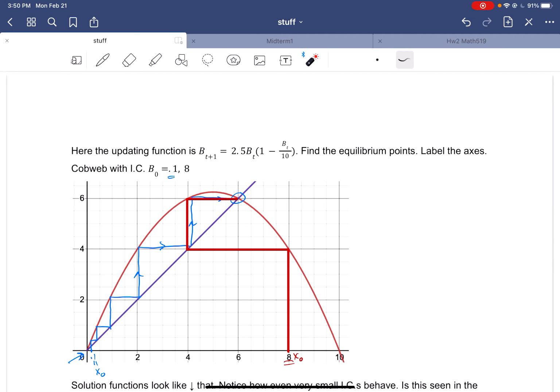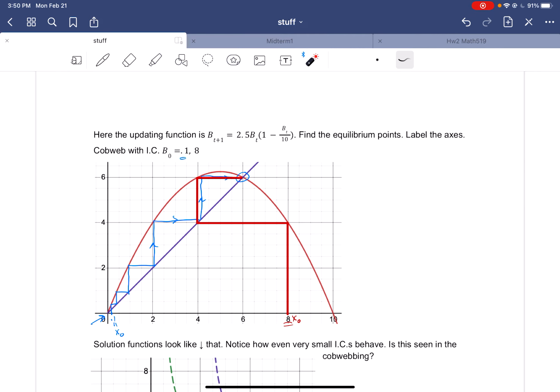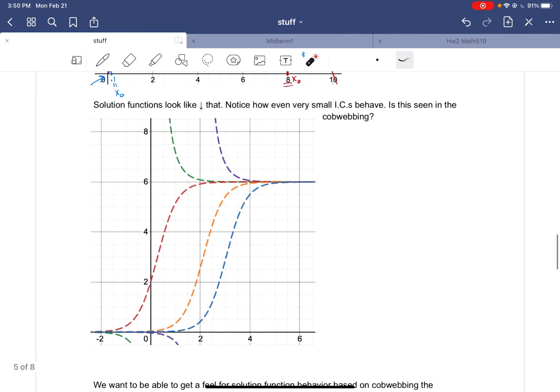What I really want to talk about is what happens when there are two equilibrium points. So then our solution function in this case, we see these two sort of, what should I call them? Sources or pinch points, attractors, I don't know what to call them. But really, if you think about it, these are graphs of possible solution functions.